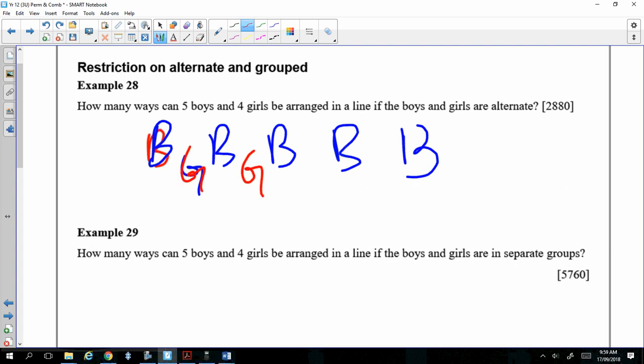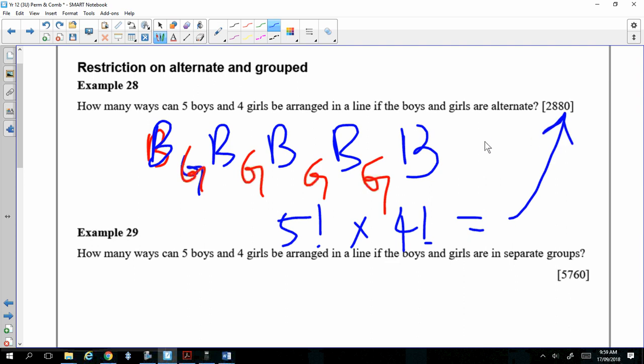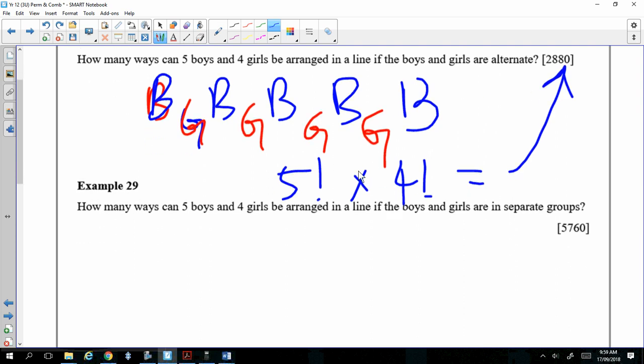Example 29. Who wants to try? Otherwise, I pick someone to have a go. Separate groups. In this case, the boys and girls are in separate groups, so the boys are together and the girls are together. How many ways? Joyce?